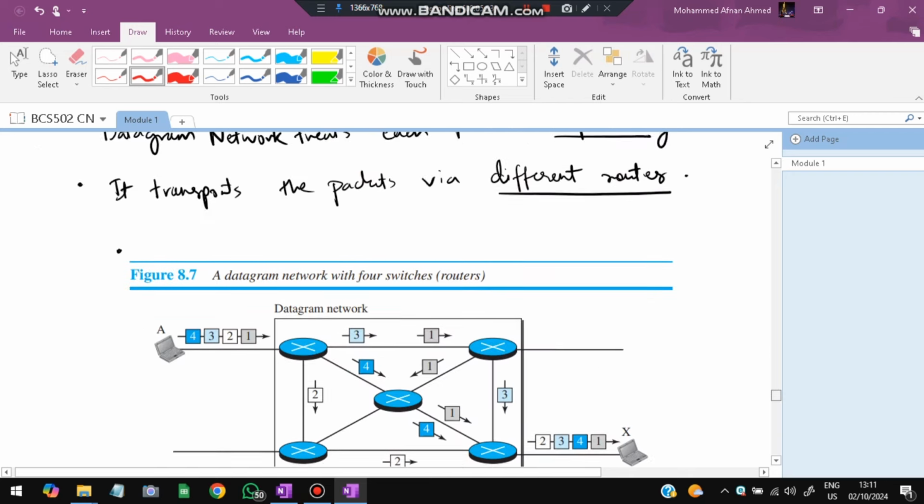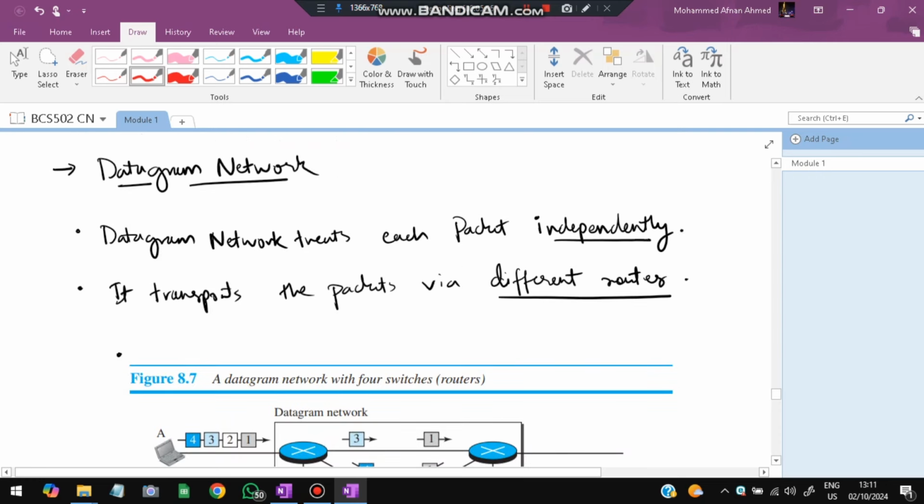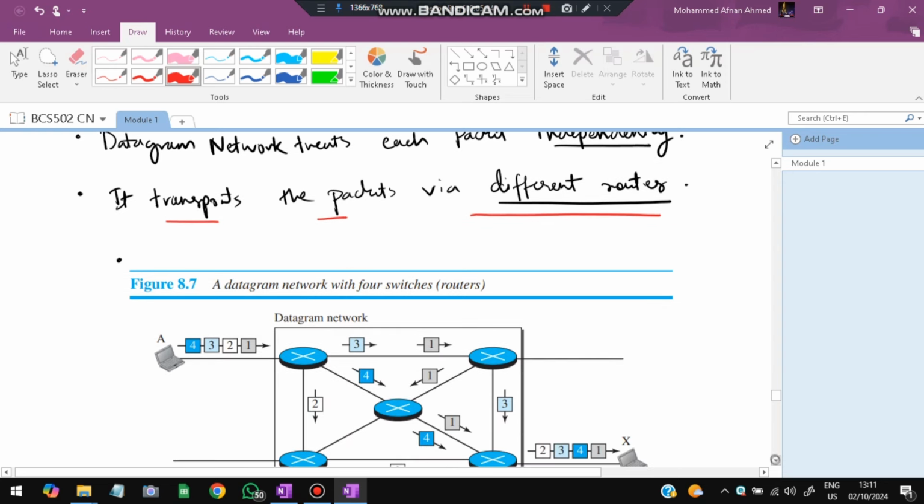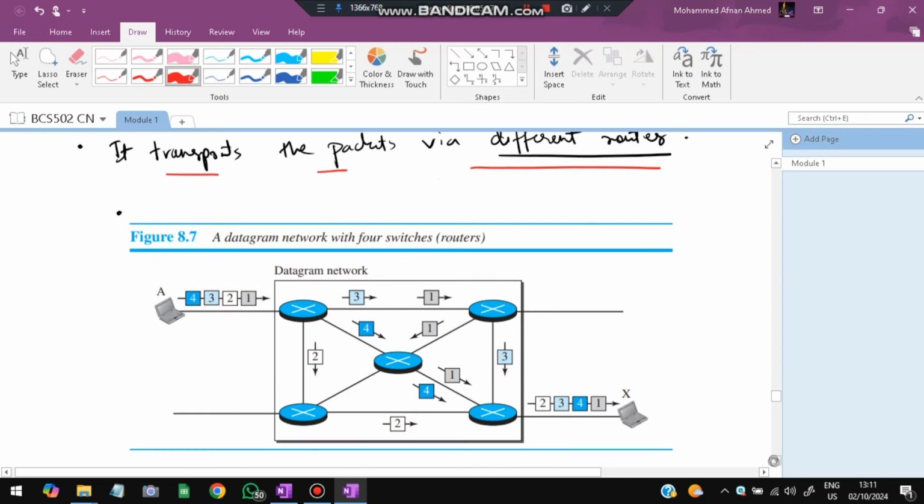In the datagram network, the network treats each packet independently. That is an important concept. It treats each packet independently and it transports the packets via different routes. Different routes are present via which it will transfer the packets. Here is also a datagram network with four switches. Observe carefully what's happening.